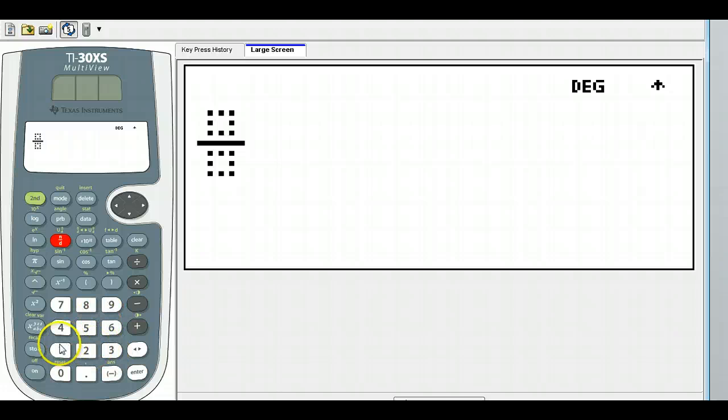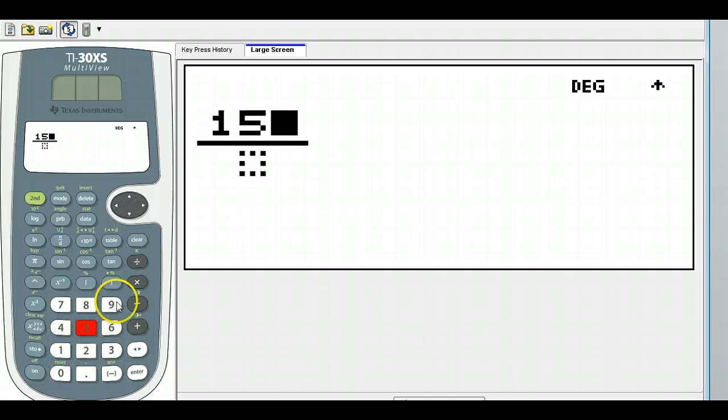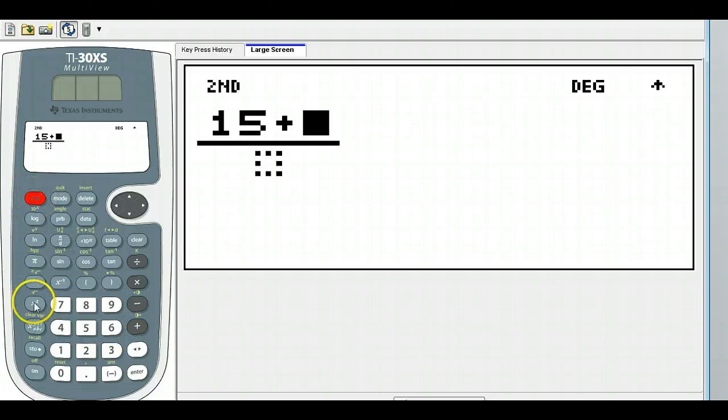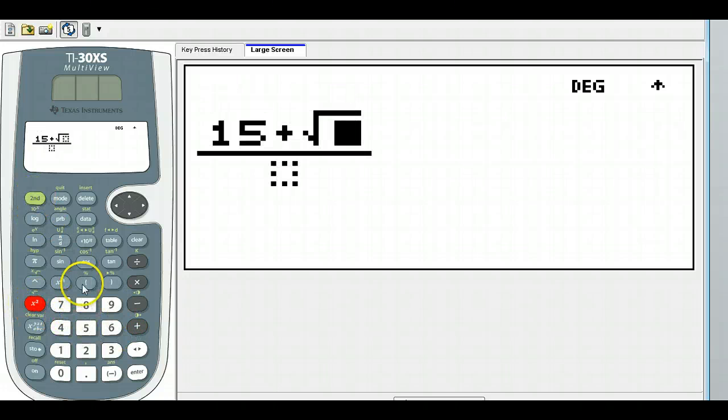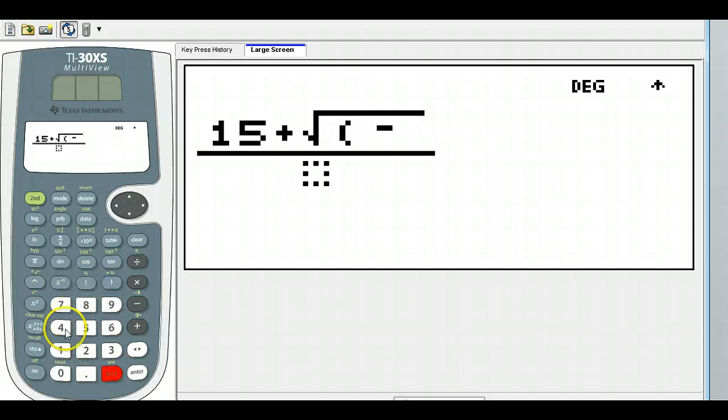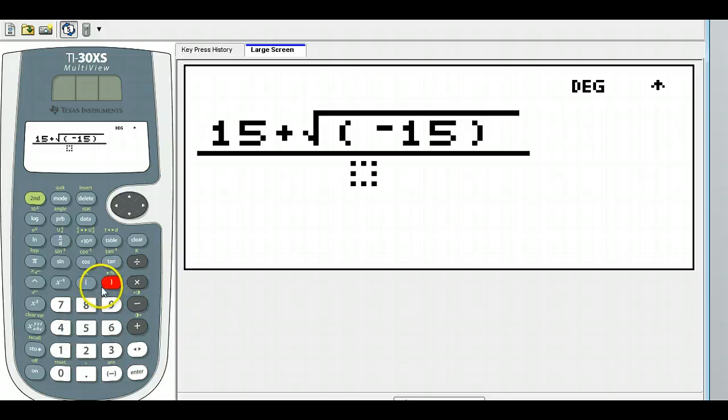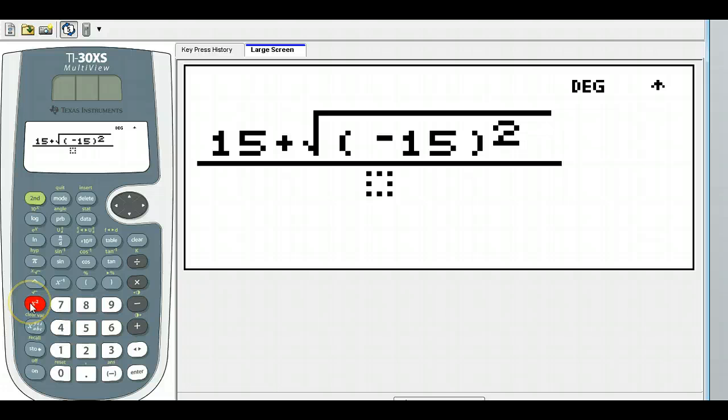B is negative 15, so I'll put positive 15. Let's do plus, and then square root of b squared. So that's negative 15 squared. If you're going to do this on a calculator, you've got to put your negative numbers in parentheses. So there's your negative 15 squared. If you don't put the parentheses, you will get the wrong answer.